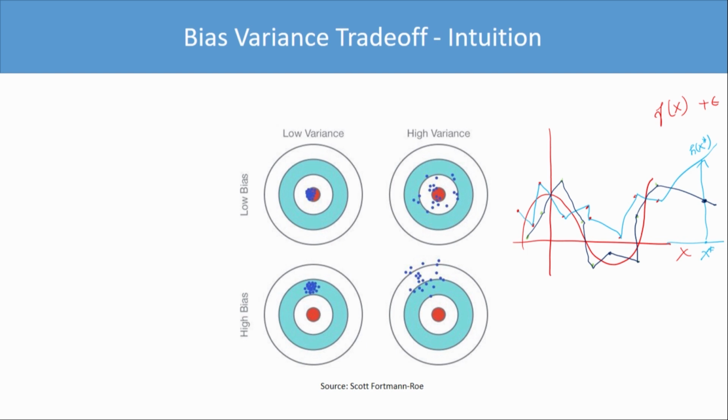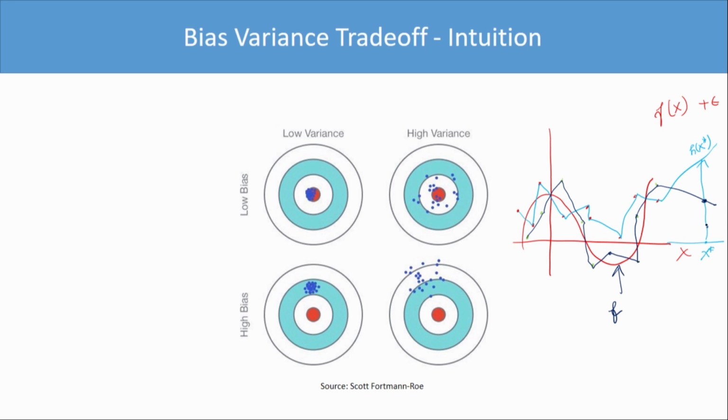The truth was the same. The truth was still the f, which is still the same. But the first time I drew certain 10 different points, I got the red points, and the polynomial that I fit predicted for x star a value here. The second time I got the green points, and the polynomial that I fit predicted for x star here.